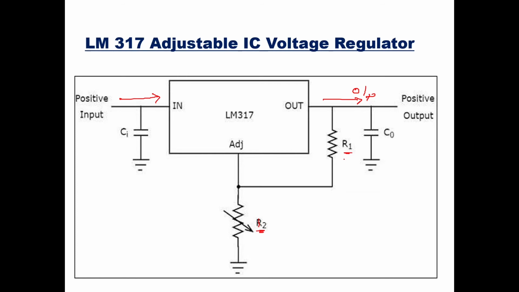If you keep R1 fixed and go on varying R2, then the output voltage will go on varying. So in a desired range, you can keep a particular voltage. It is an adjustable output voltage, but whatever value you fix R2 for, that output voltage you are going to get. And Ci and Co again here are to avoid oscillations and transients.